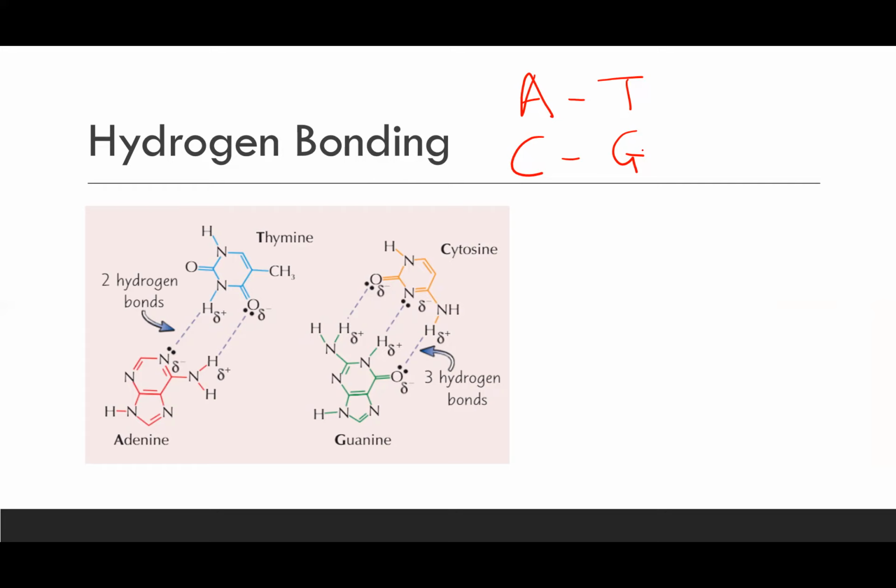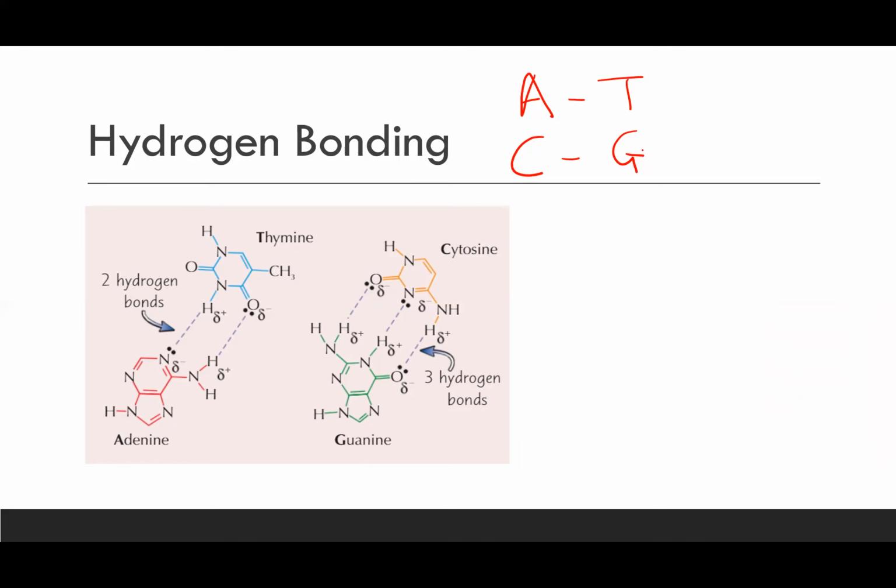So a hydrogen bond can form between a polar positive hydrogen atom, usually a hydrogen that's attached to something highly electronegative, like nitrogen, and a lone pair of electrons on a nearby oxygen or nitrogen atom. To bond, the 2 atoms have to be the right distance apart.